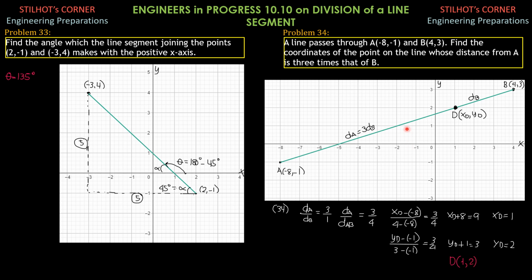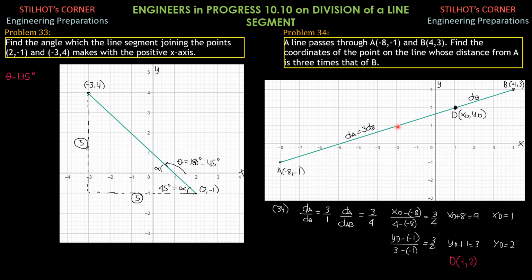If we present the solution in the manner I suggested earlier, the midpoint here is 1/2 of quantity negative 8 plus 4, which is negative 2, and 1/2 of negative 1 plus 3, which is positive 1.